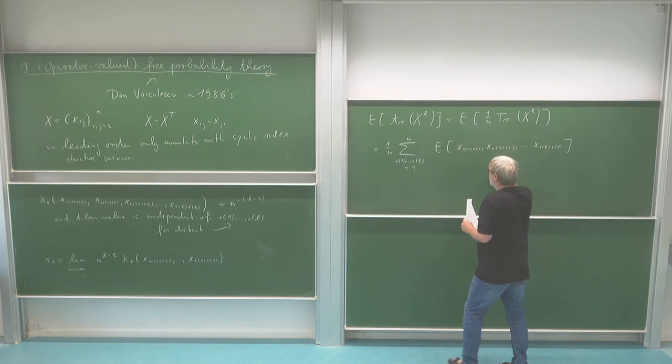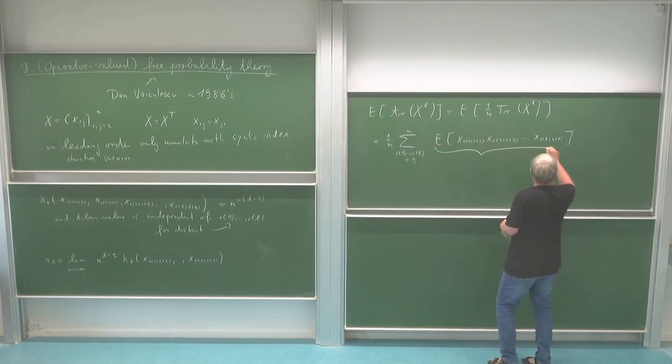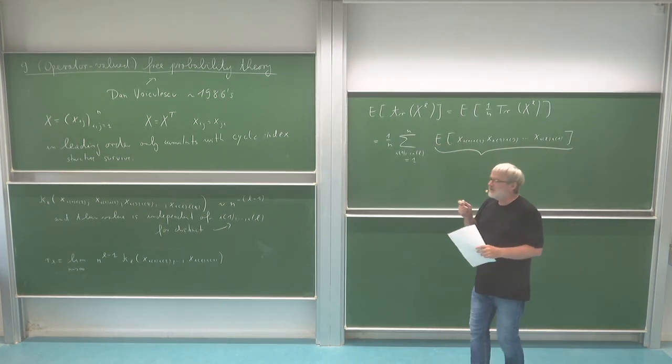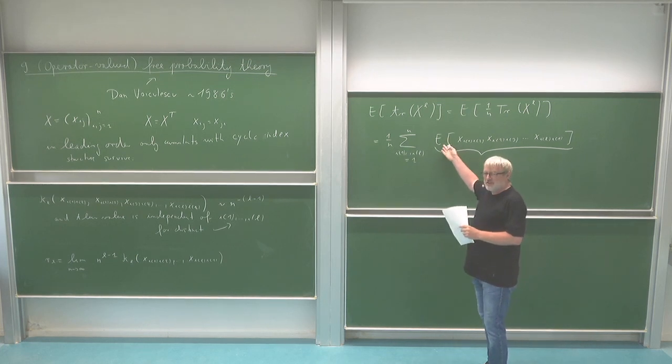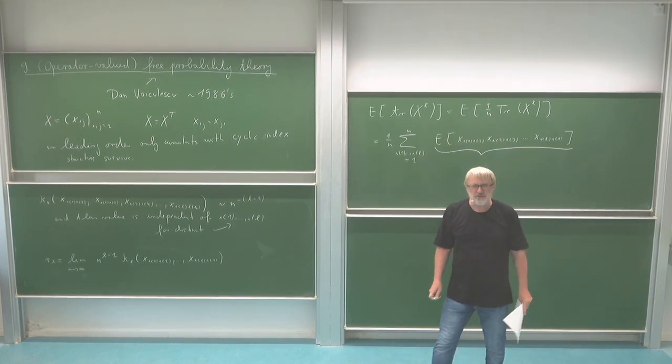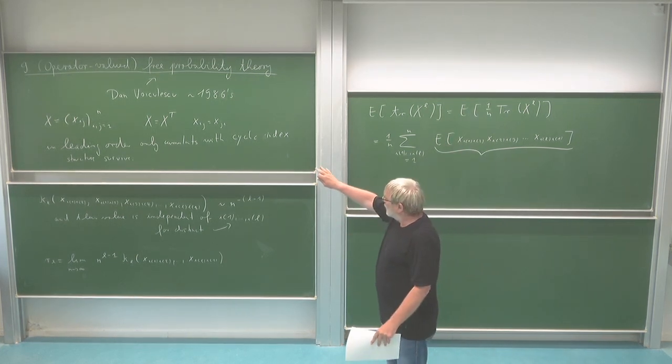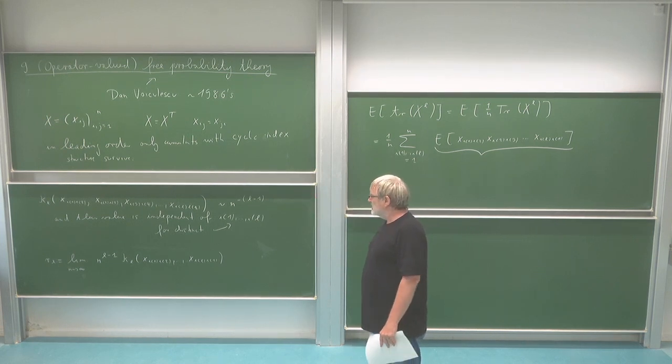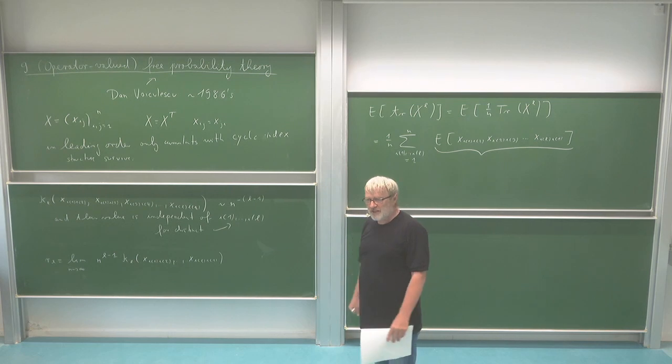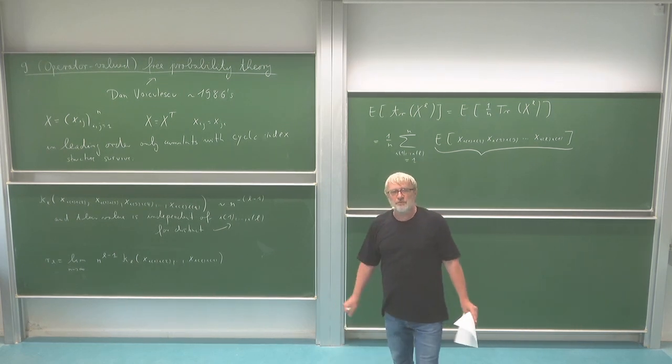Okay, and now here I have the expectation of the product of the matrix entries, and I have made assumptions, or I observe a property of the cumulants, so I should rewrite this in terms of cumulants.